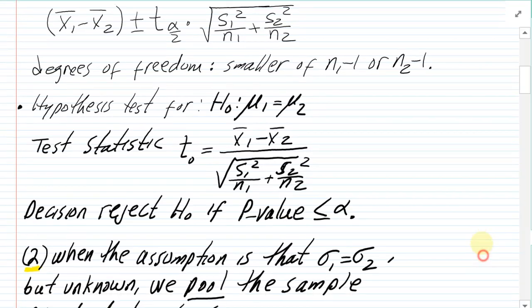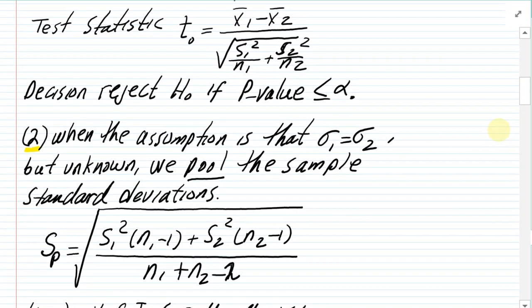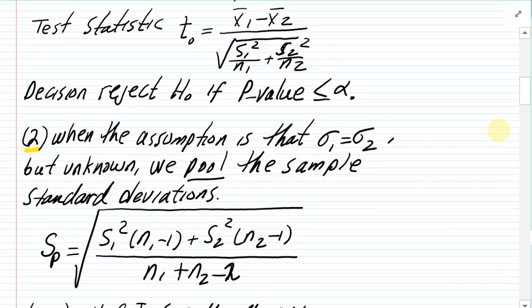Now, in the second situation, the assumption is that the two deviations are unknown but equal. In the case where we assume they are equal, what we need to do is average them. Averaging of the two deviations from the sample is called pooling them.